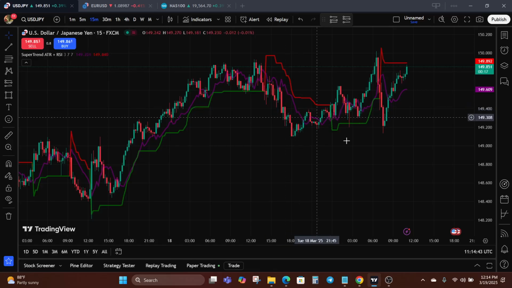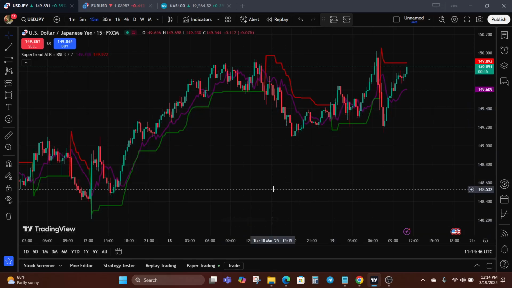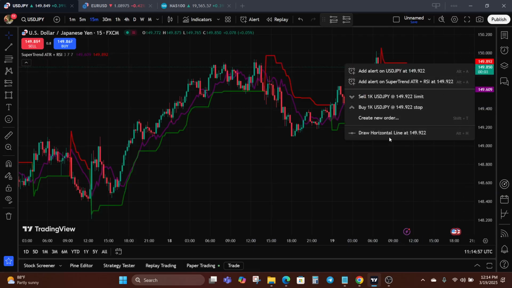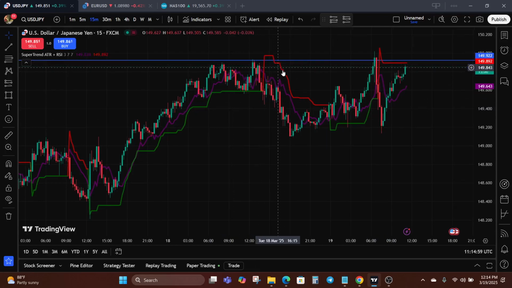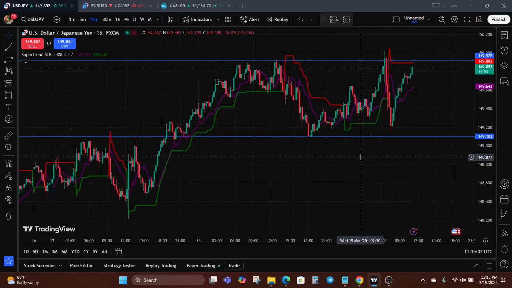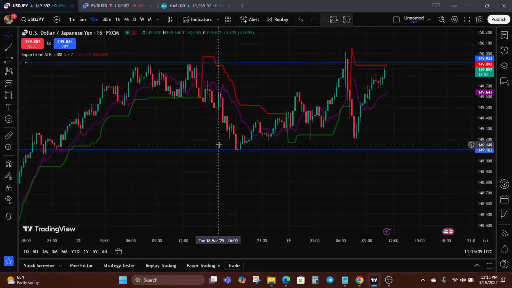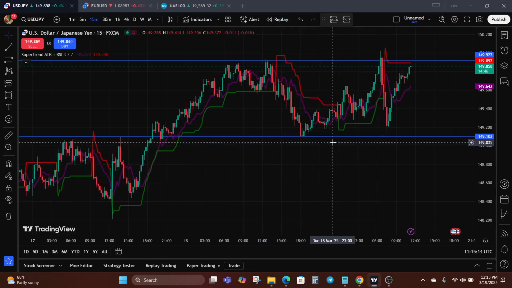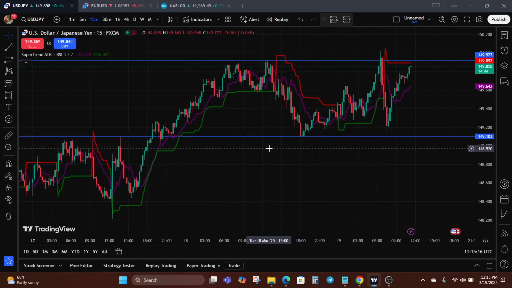Now, in as much as this indicator can be effective, remember that there is no single indicator that is 100% accurate. So there could be false signals, but this indicator is quite effective. Make sure that you always pay attention to your zones, your key levels, resistance levels, and support levels, because your market structure and price action analysis also play a very key role in your analysis.